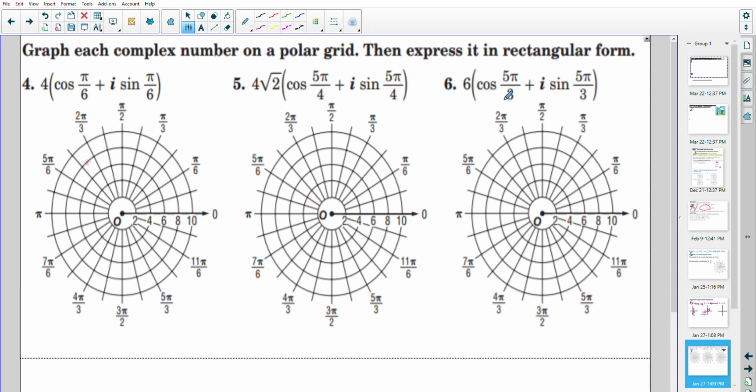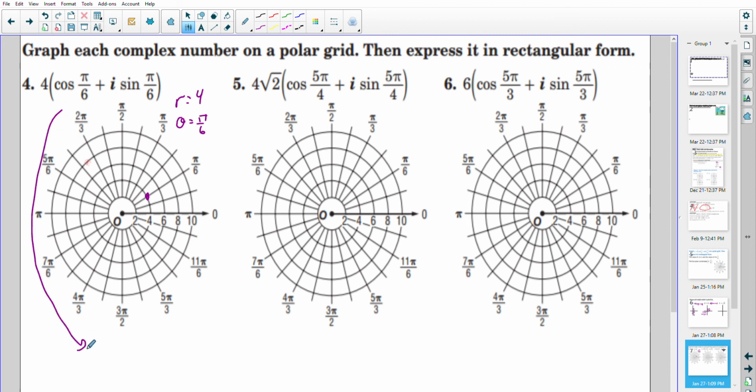Now, when you go ahead and graph this, all you're basically doing is looking at what is your r and what is your theta. So pi over 6 and 4, that's going to give you that point right here. And to find out what this equals, all you do is simplify.